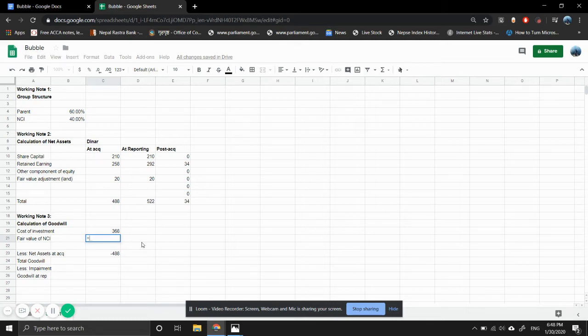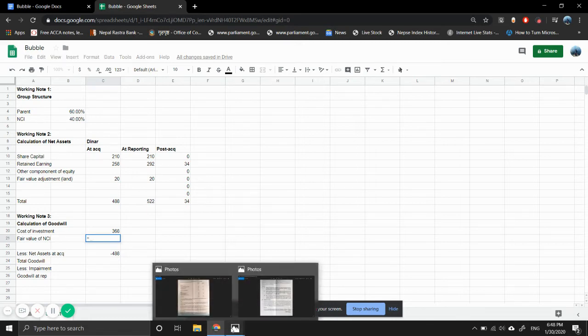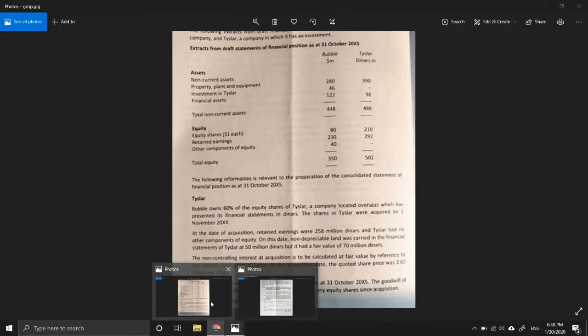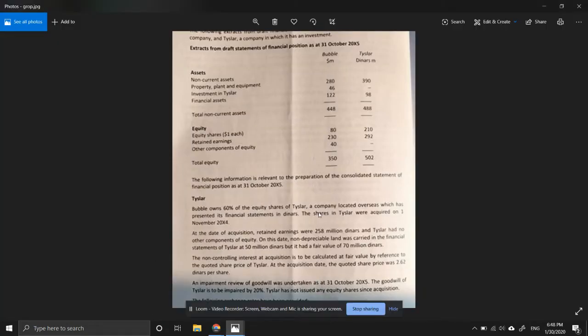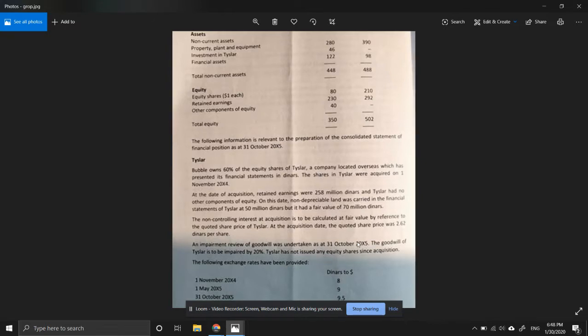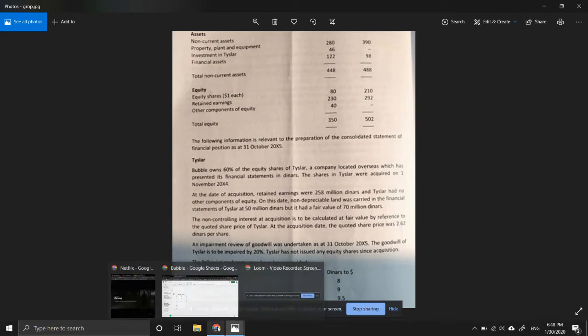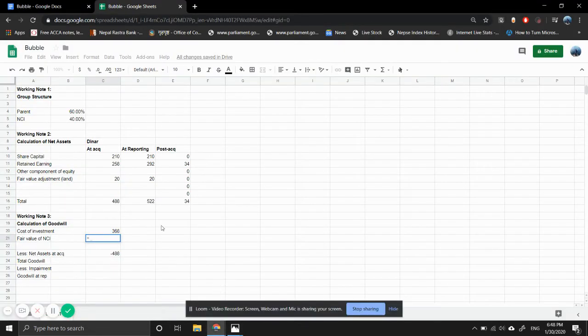Then fair value is, so what's the fair value? Fair value is 2.62 dinars per share. 2.62 into 210 into 40%, right? So what we will lose, that 40% into 210 share capital, so 40% into 2.62.